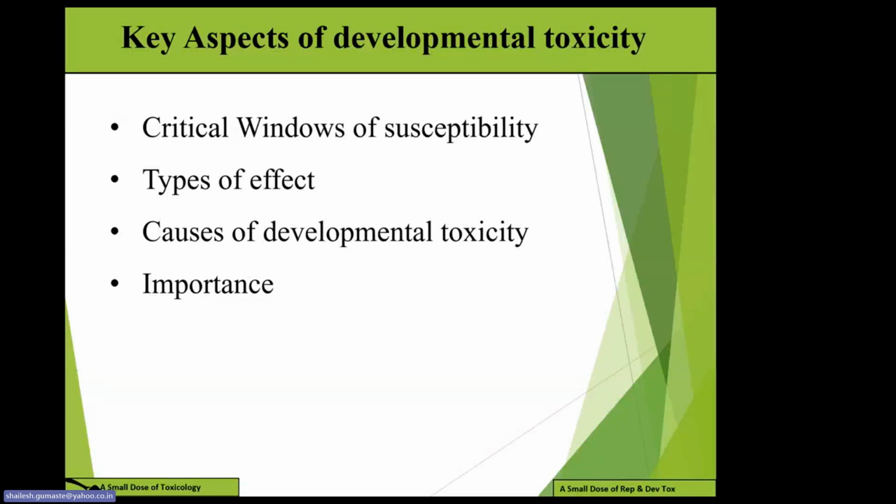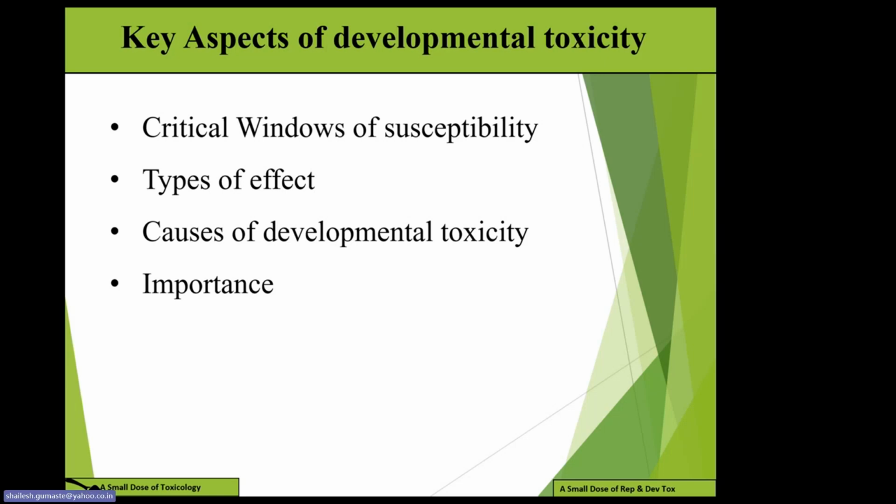What is the importance of understanding developmental toxicity? It is critical for protecting public health, informing regulatory policies, and guiding safe exposure levels for chemicals and drugs. Developmental toxicity studies are conducted in laboratory animals, for example, rats and rabbits, to assess the potential risk of substances to human health.